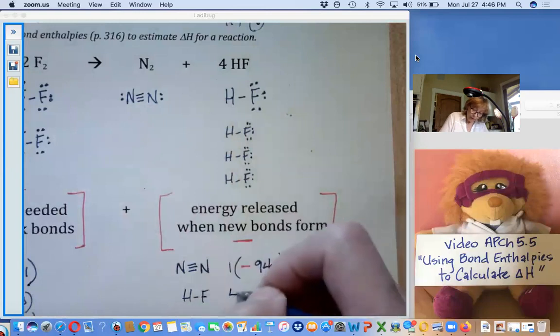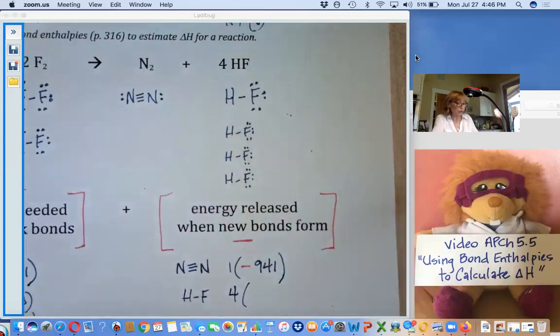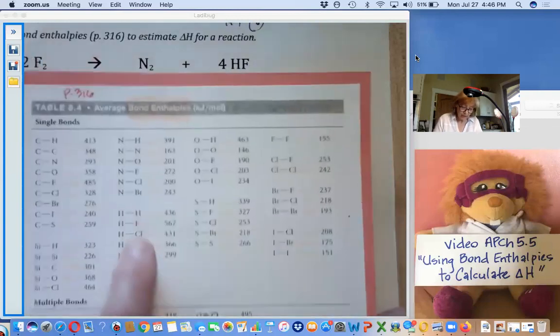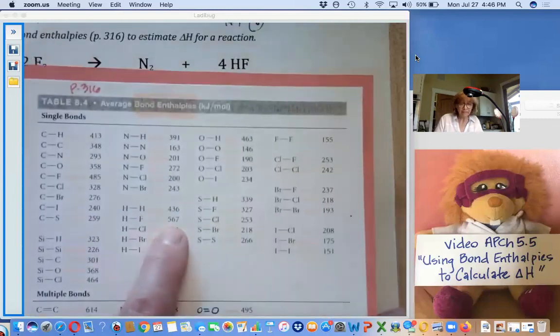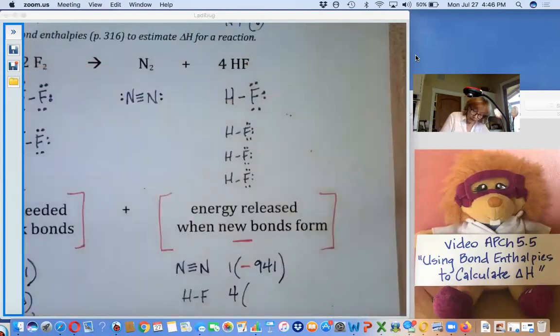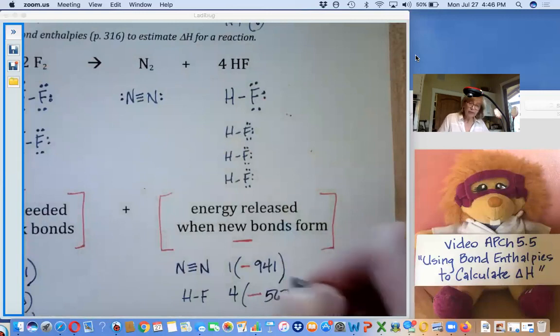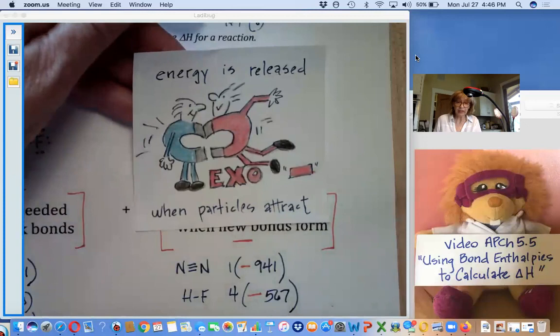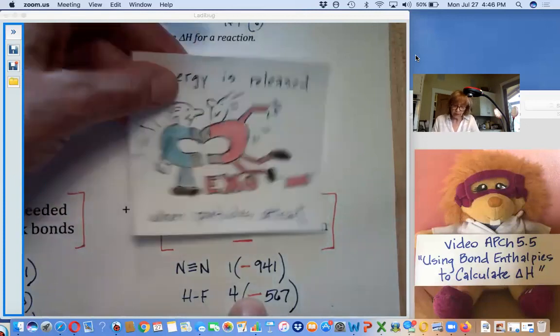There are 4 of them, 1 in each of the 4 molecules, and that bond enthalpy is 567. And remember, because that bond is forming, that energy is being released, negative value.